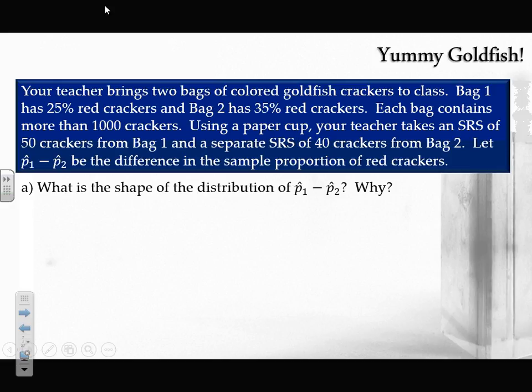So we take an SRS of 50 from bag 1. So N1 is 50. What is P1? 25%. Bag 1, we know, has 25% overall. So in your calculators, take 50 times 0.25. What do you get?